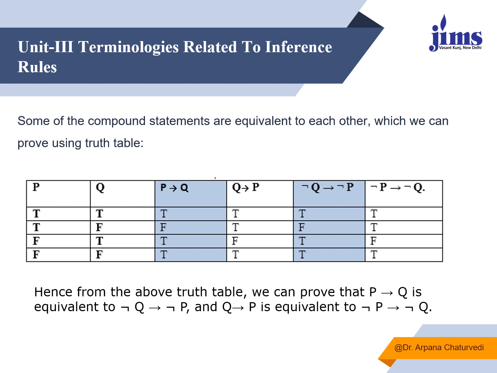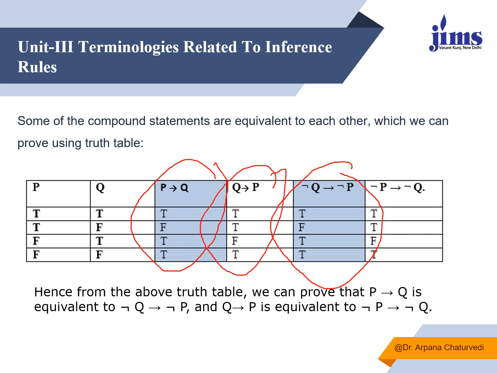So if you look over here, the result of P implies Q and the result of not Q implies not P is the same. Similarly, the result of Q implies P and the result of not P implies not Q is the same.